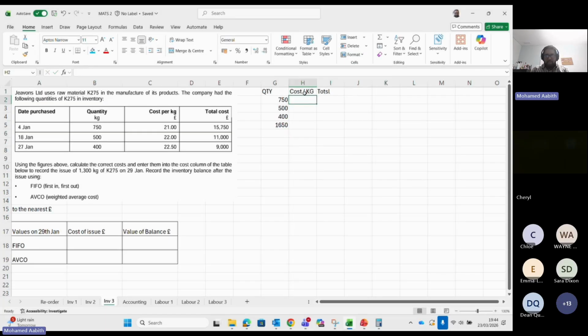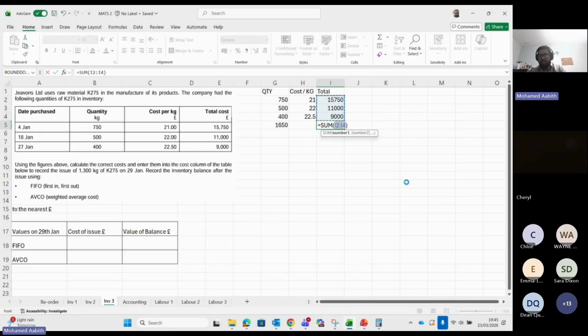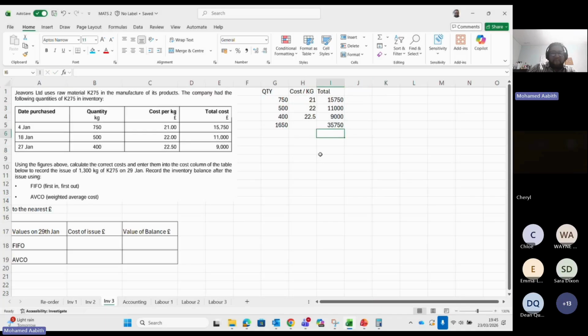We have that number now quickly, so it's going to be 21 pounds, 22 pounds, 22 pound 50. Okay, so we have those numbers there, and this one is going to be equal to that times that. So I'm going to quickly formula this, and then this one is going to be a sum. So I have 35,750 pounds. This is the total value of my inventory.